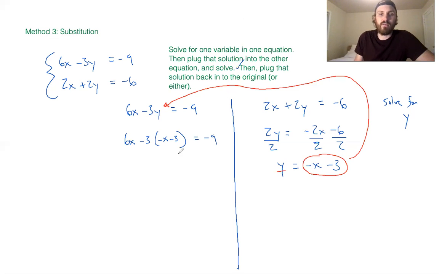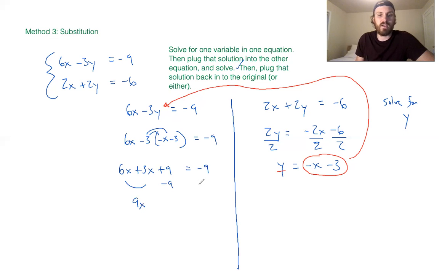Now I need to solve. And the nice thing that you'll notice is that I have gotten rid of a variable because I substituted this in for y. So now I've got 6x plus 3x plus 9 because I'm distributing -3 to -x, and -3 to -3 is equal to -9. I'll add these two to get 9x.